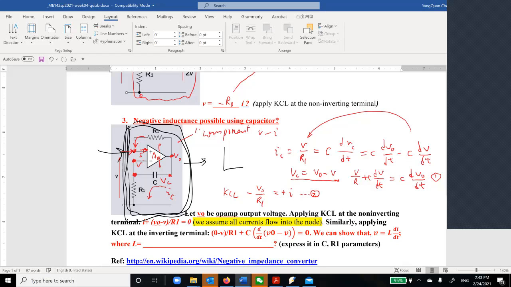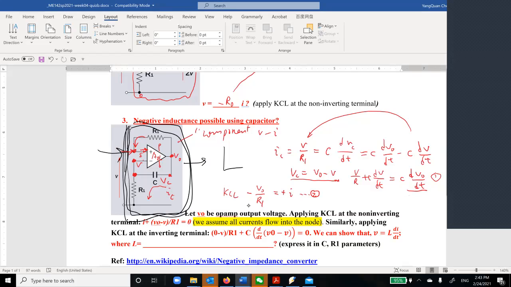So what I need to do is to eliminate my intermediate variable V0. I don't need this one.